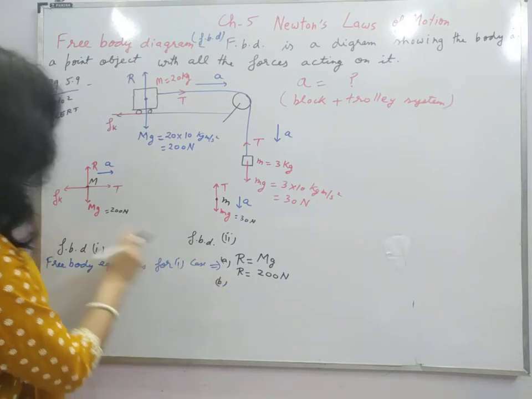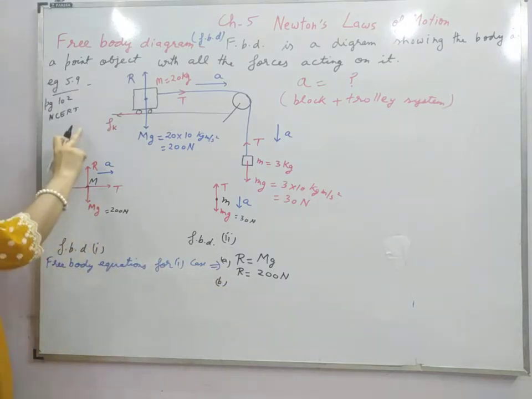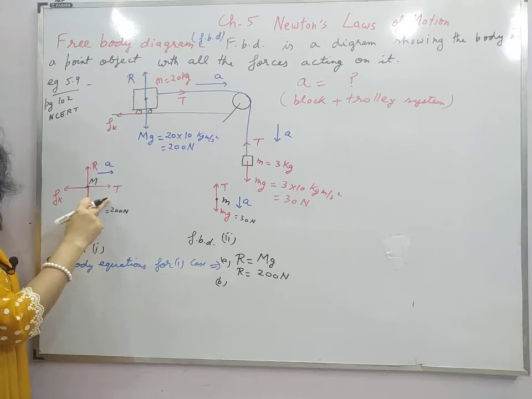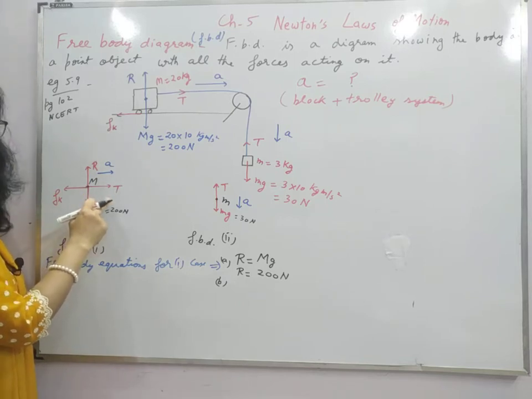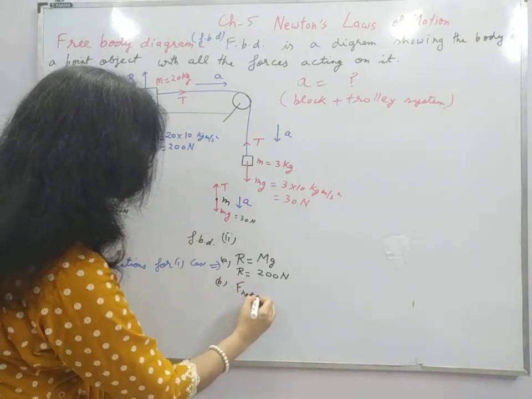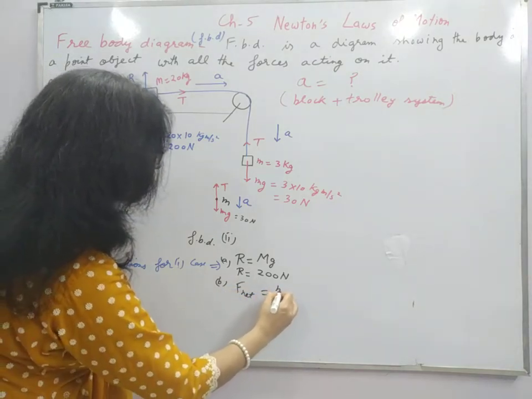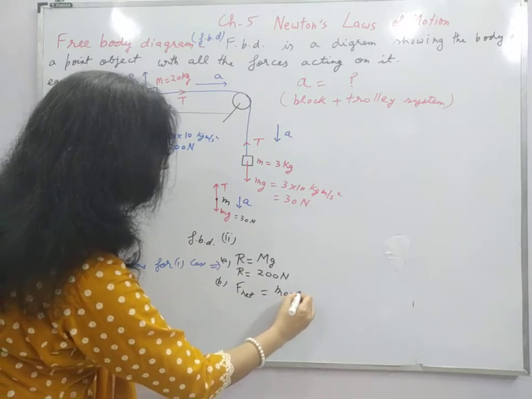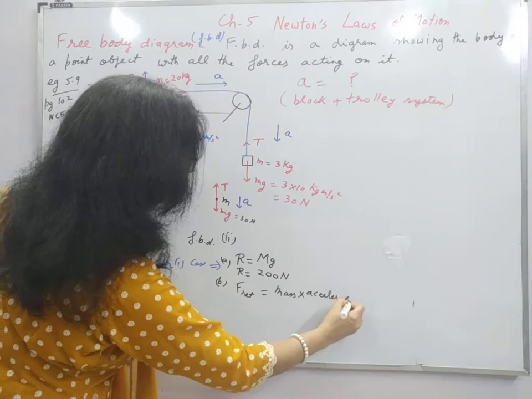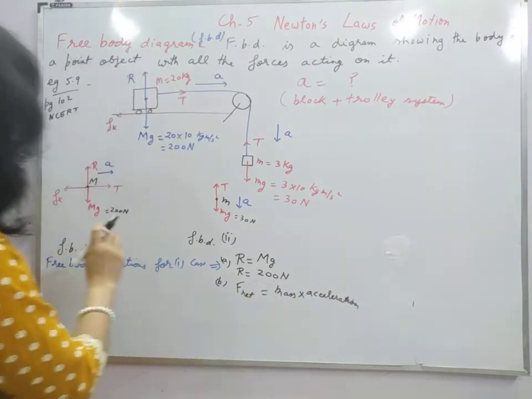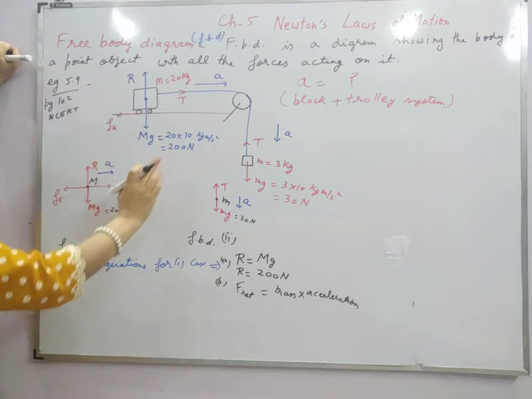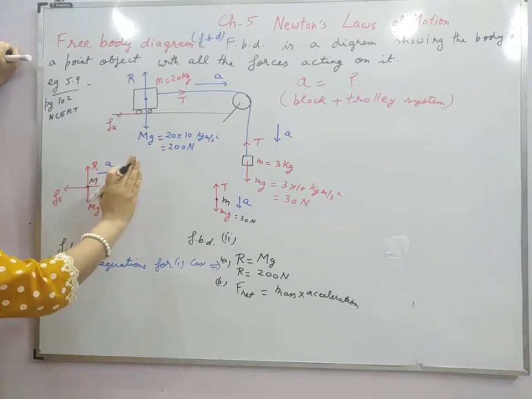Now any other equation which we can make here? This was for vertical. Now for horizontal, we can use Newton's second law. The second law says that net force is equal to mass into acceleration. So which net force is acting this way? It is moving this way, so the net force is acting to the right side.